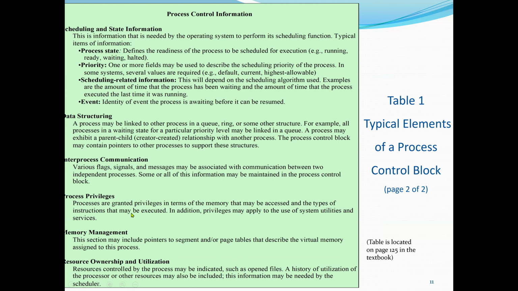Again, as we mentioned, a sophisticated multiprogramming system requires a great deal of information about each process, and as we explained, this information can be considered to reside in a process control block.